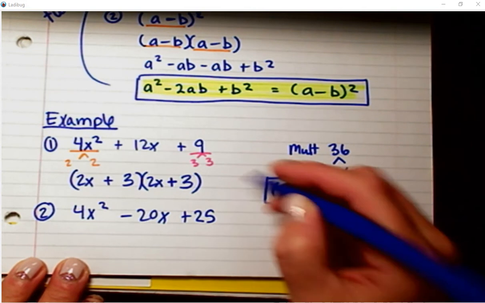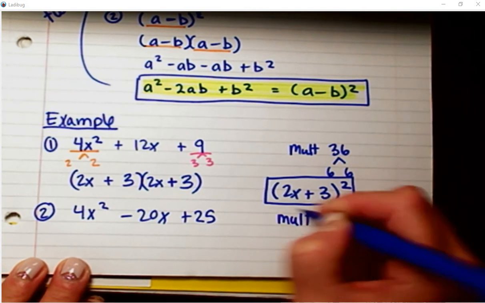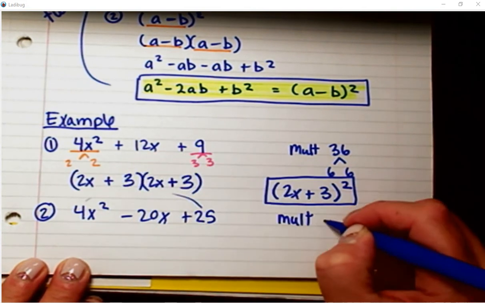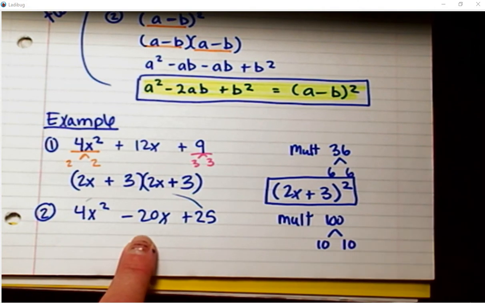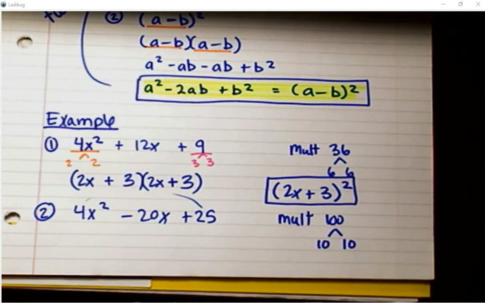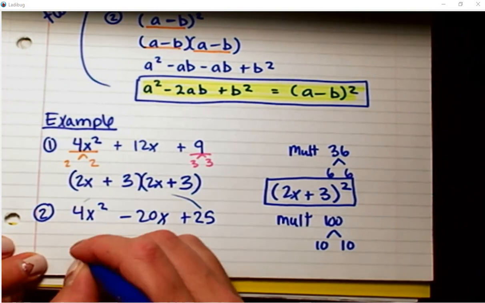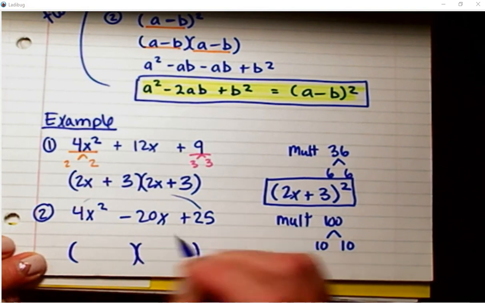Okay, so multiply, right? Multiply to 100. Ooh, 10 and 10. As soon as your inner and outer are the same number, that's a big clue that this is something special. Okay, so I'm going to put my parentheses down, and I'm going to see what I come up with.